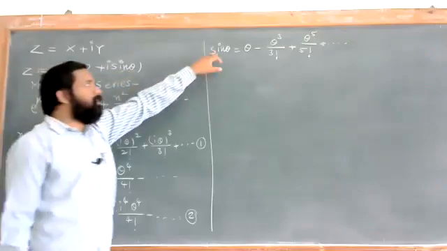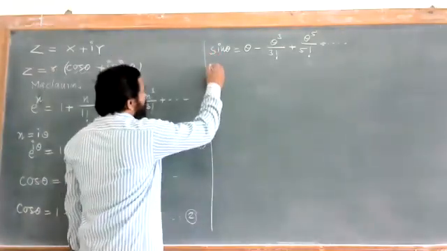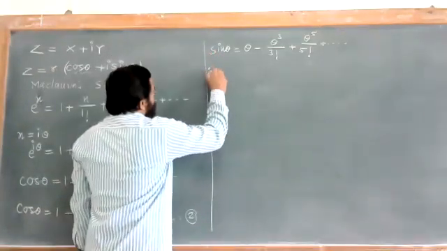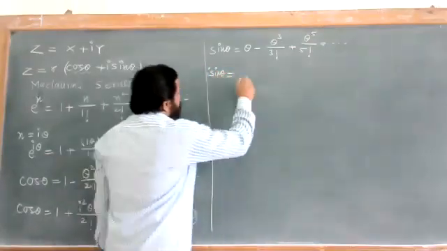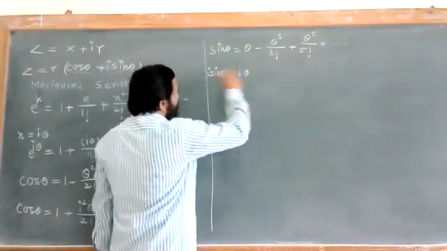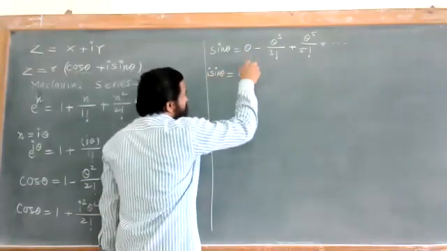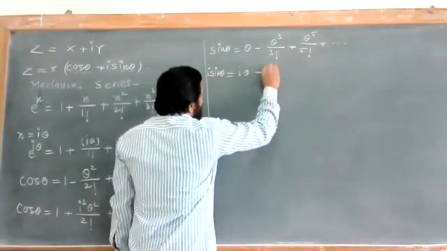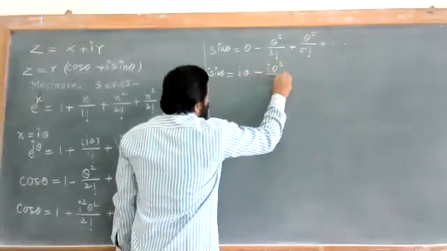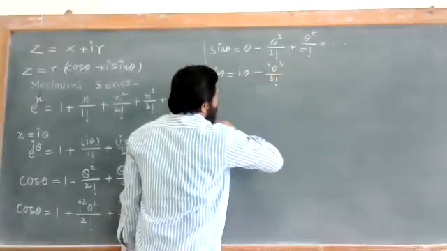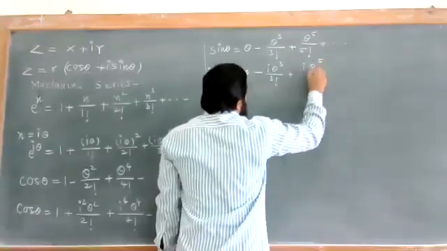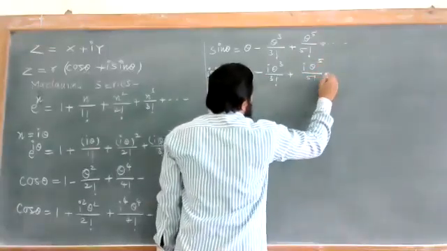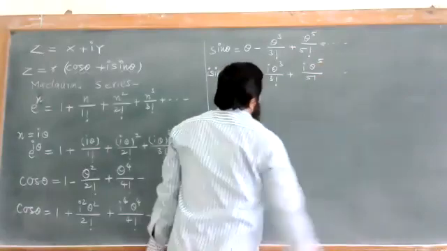So I multiply this term by i, and I can write i sin of theta is equal to, I will multiply i throughout. So i theta is the first term, minus i theta cube upon 3 factorial is the second term, plus i theta raised to 5 upon 5 factorial and so on.